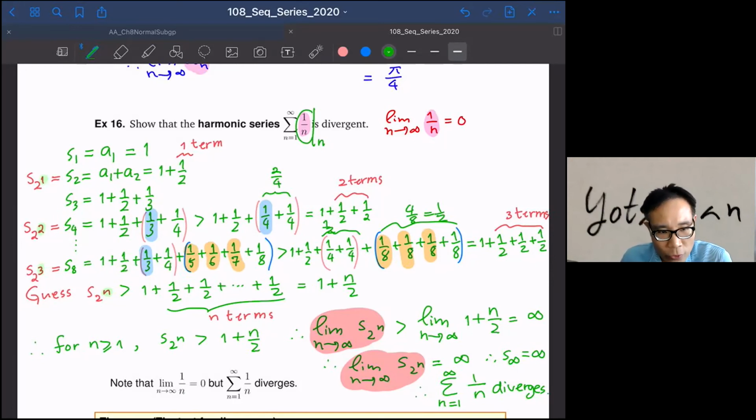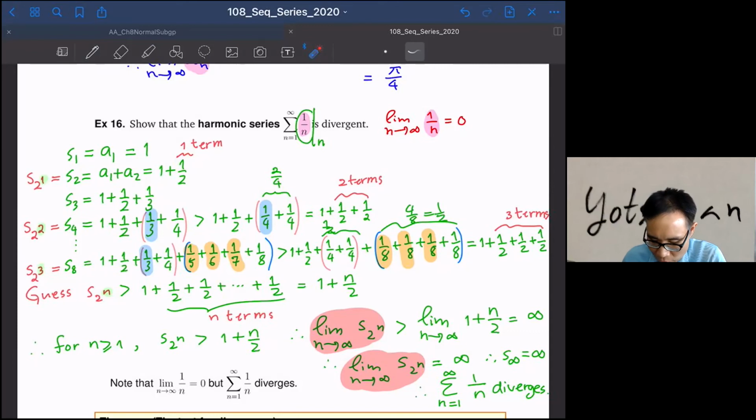It can be shown by finding Sn, and it's not going to be Sn in a closed form. It's going to be Sn more than a sequence that you know is divergent. This is another trick. When you have Sn more than a sequence that approaches infinity, it means that your sequence is also going to infinity as well.